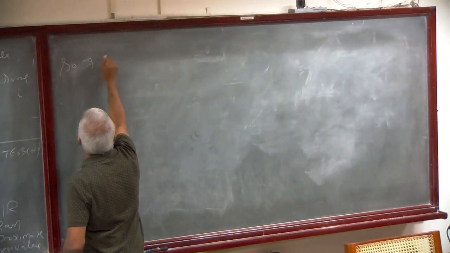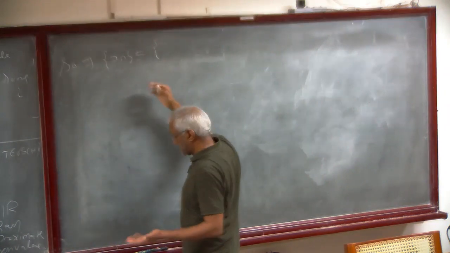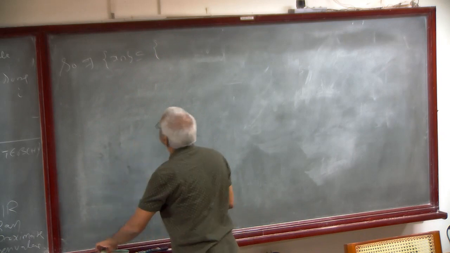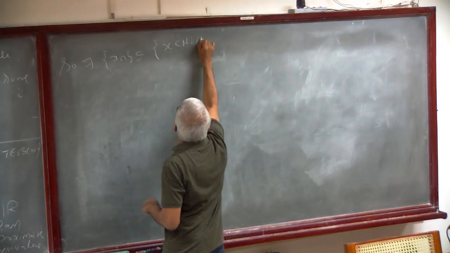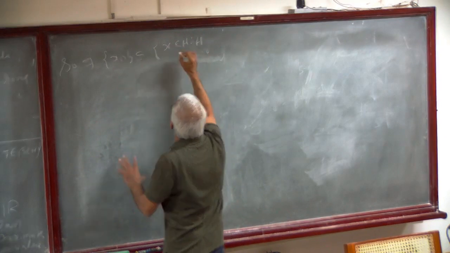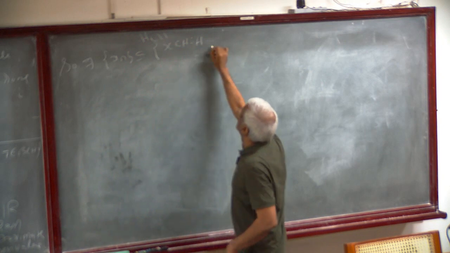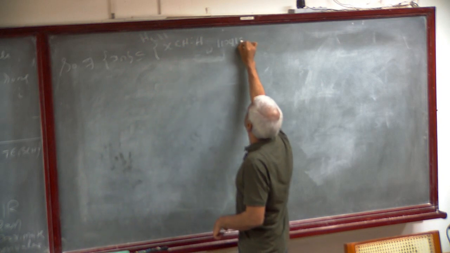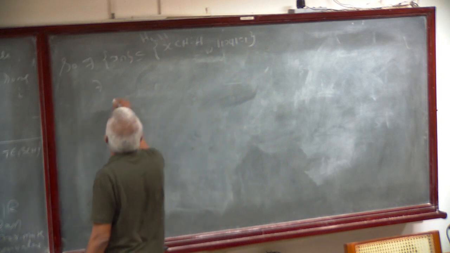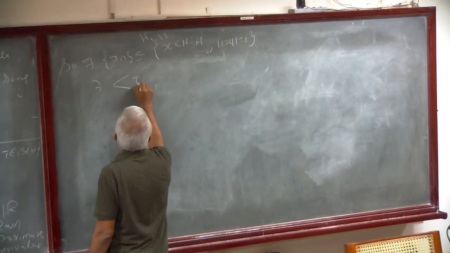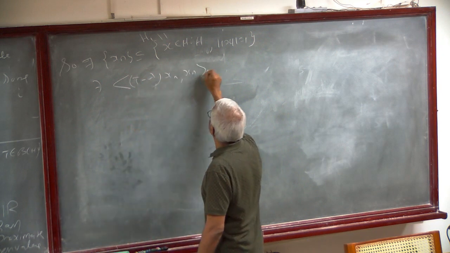So there exists a sequence x_n contained in the unit ball, I call this H1, such that (T minus lambda) x_n goes to 0.